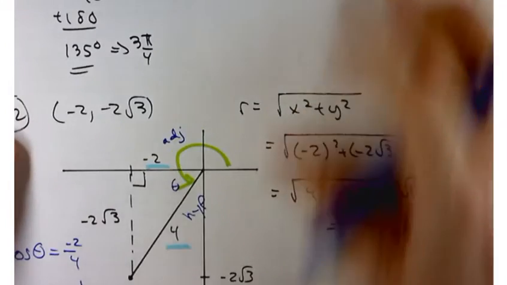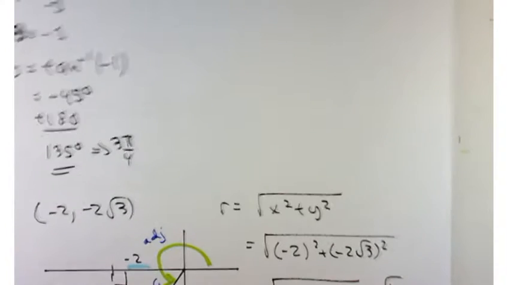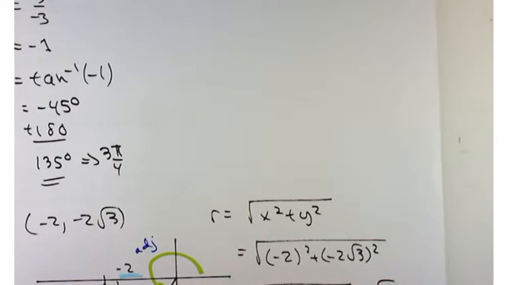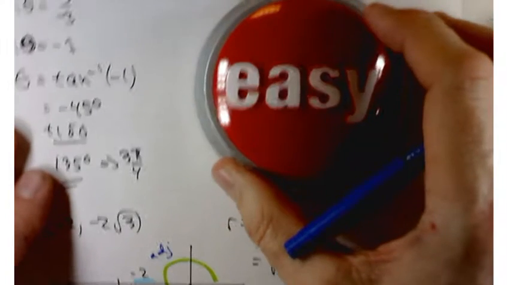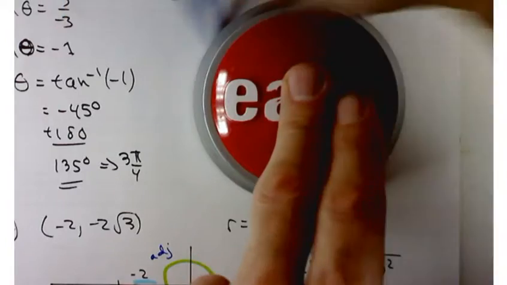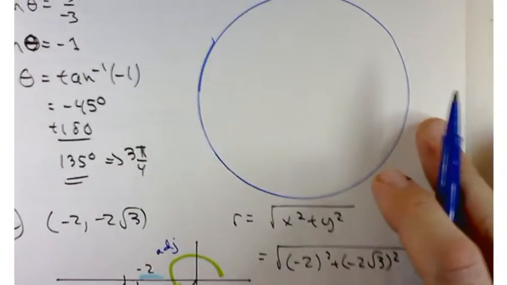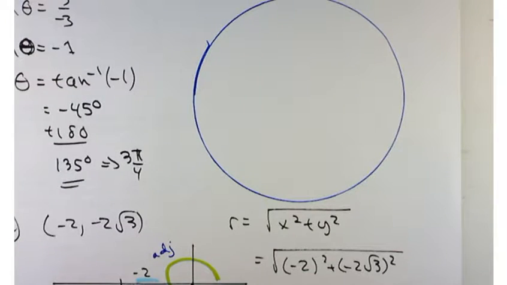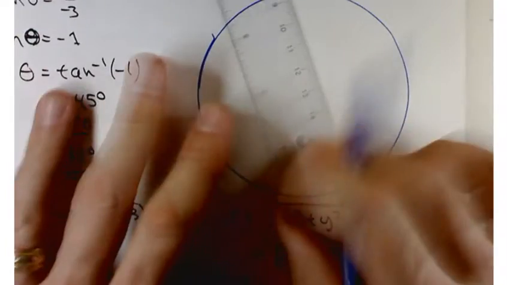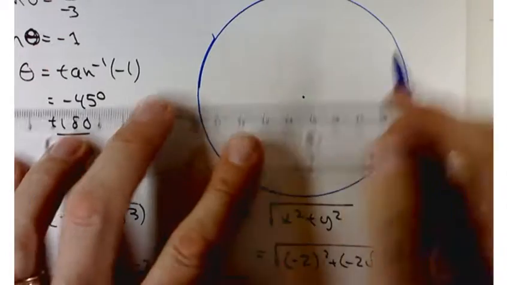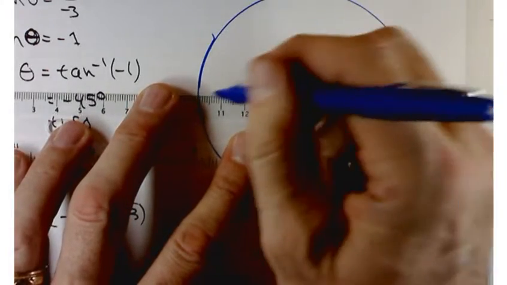Let's understand what's going on here. There we go, got my favorite circle. Okay, so here's our unit circle, and cosine is our x-coordinate.